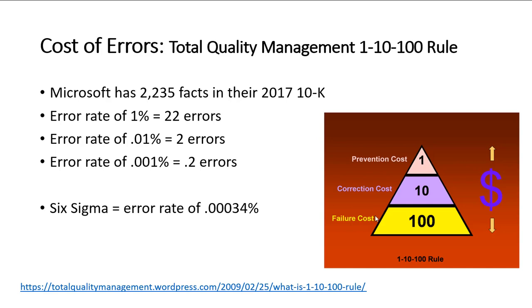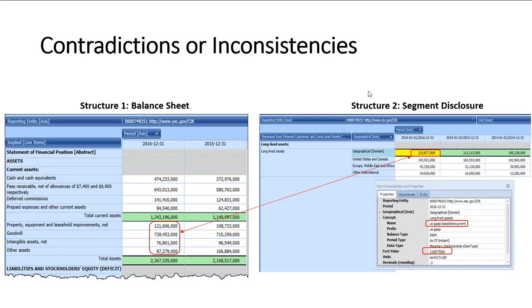The Microsoft 10K has about 2,235 facts. A 1% error rate is 22 errors. A 0.01% error rate is 2 errors. And you can see here, Six Sigma is 0.0034% errors. That's what I strive for, Six Sigma. That's what all these rules are about.